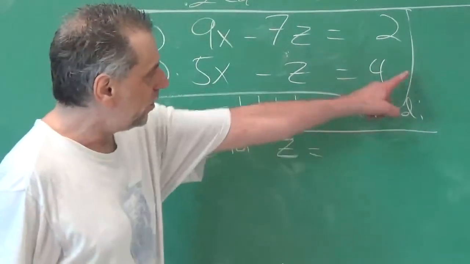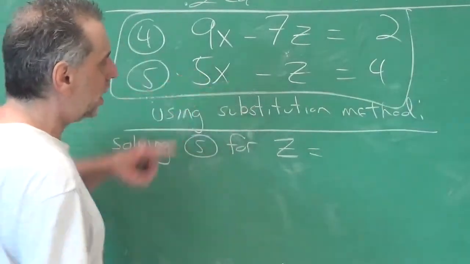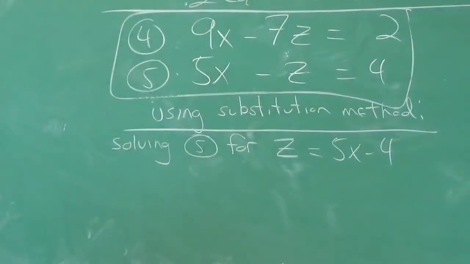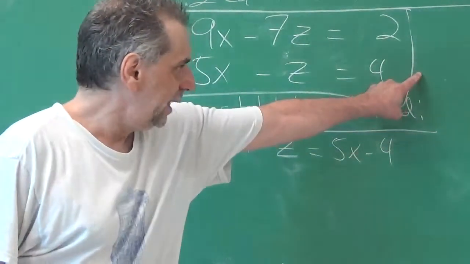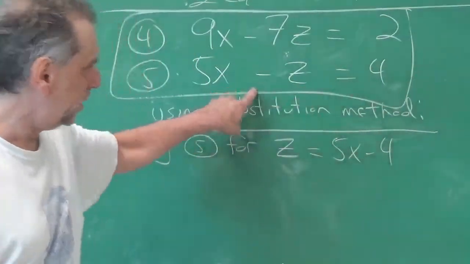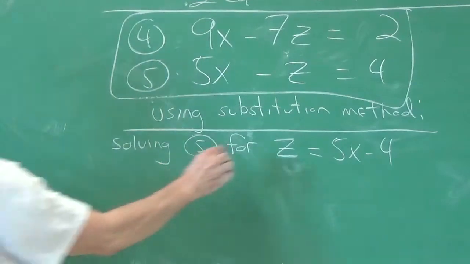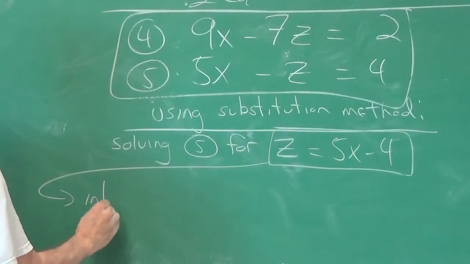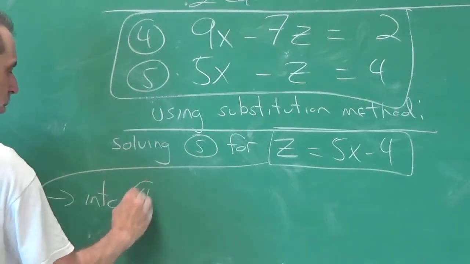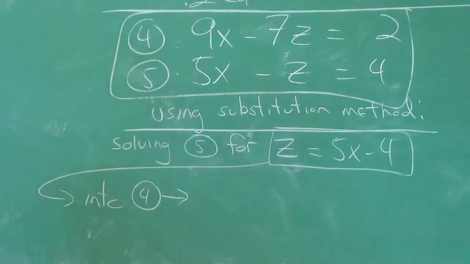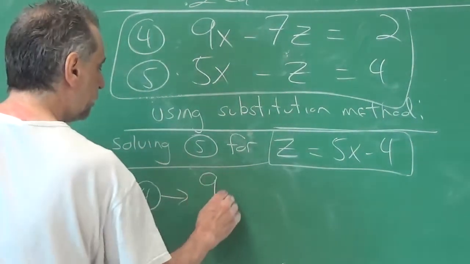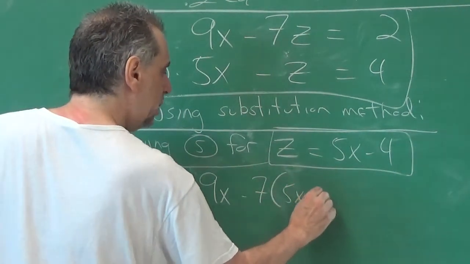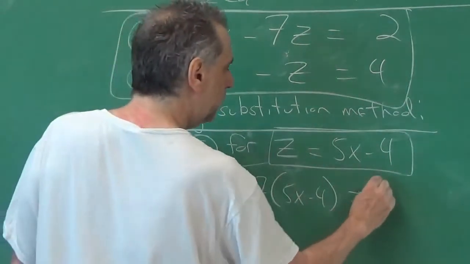If I bring z over here, that means I have to subtract 4, so I get 5x minus 4, right? Positive z, 5x minus 4. And then I'm going to plug that in to the other equation for z. So I get 9x minus 7z equals 2.